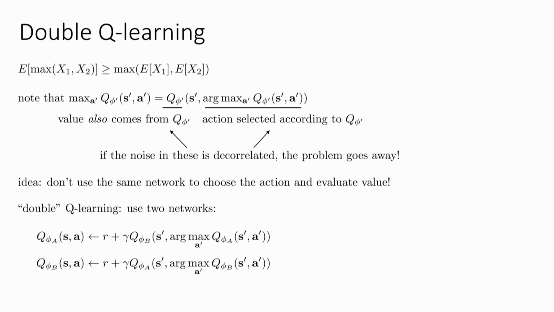You always take the argmax with one and the value from the other. This ensures that the values are decorrelated from the errors. So if phi a and phi b really have independent mistakes, if they're basically both roughly equal to the true values plus independent noise, then this would actually get rid of the overestimation problem.